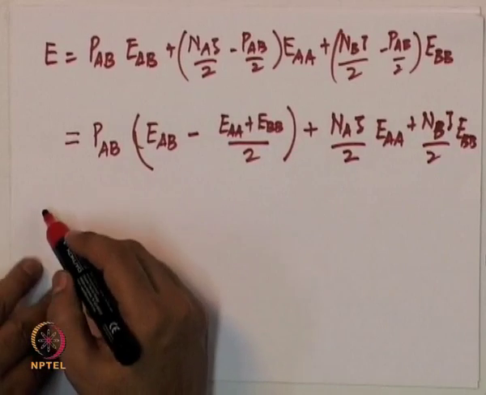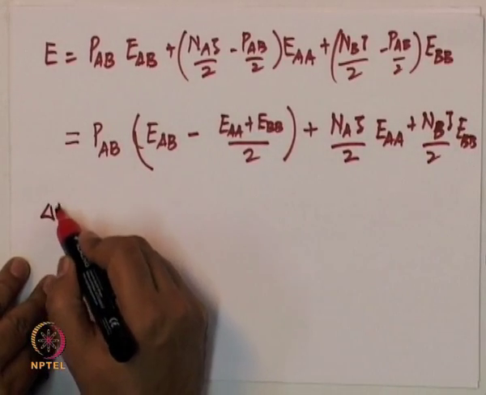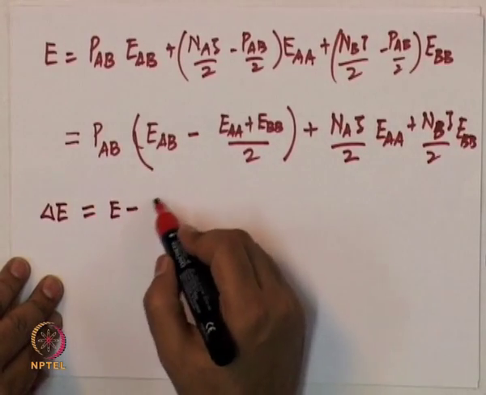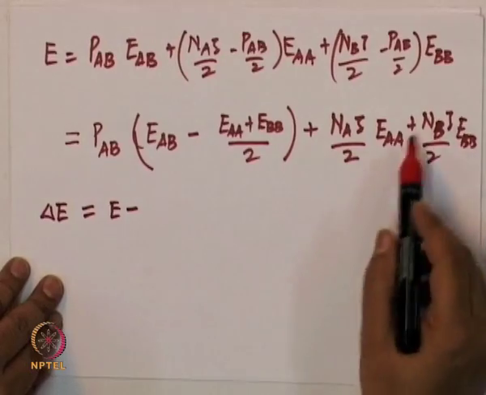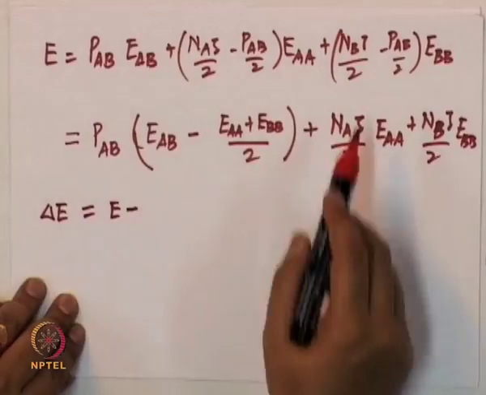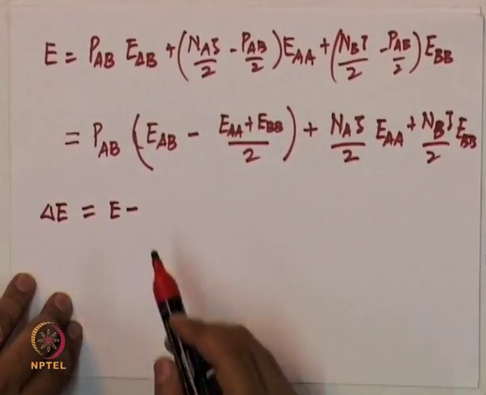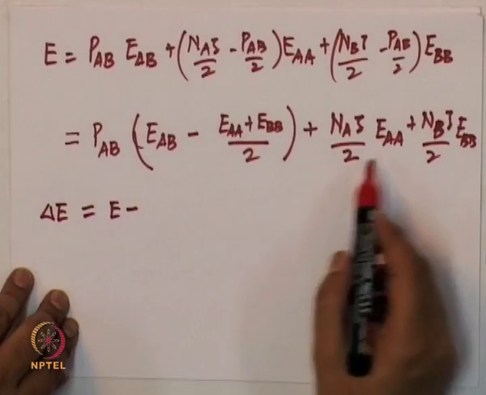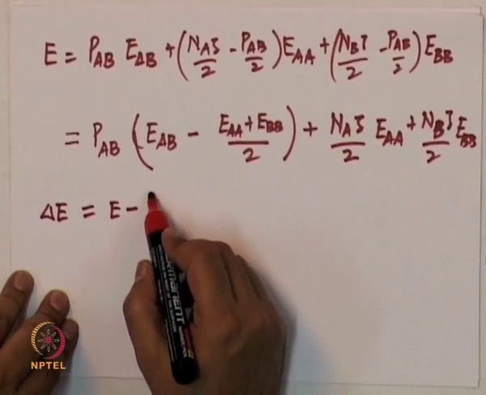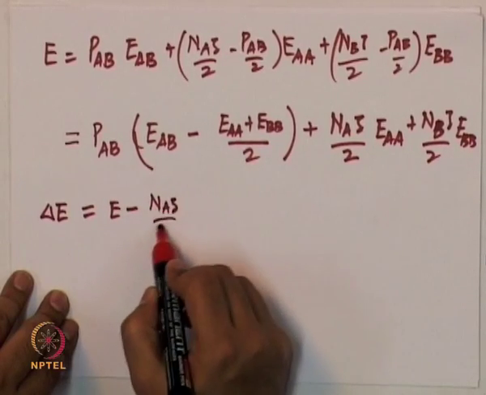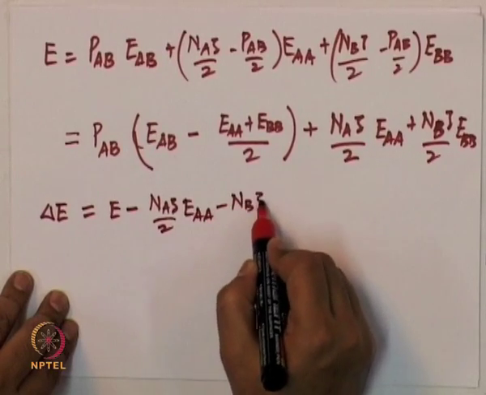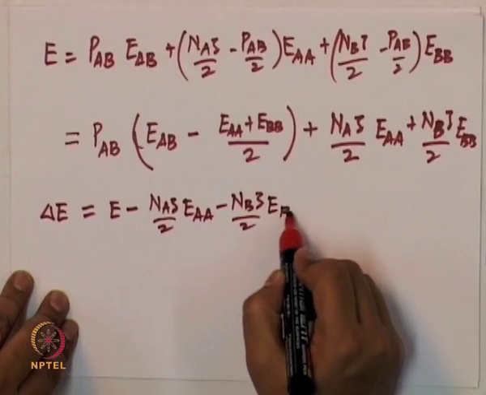So, if we are interested in delta E, which is the E minus whatever energy you had for the pure material that you have taken together and put to form this mixture, then that should be this quantity subtracted: NA Z by 2 EAA minus NB Z by 2 EBB.